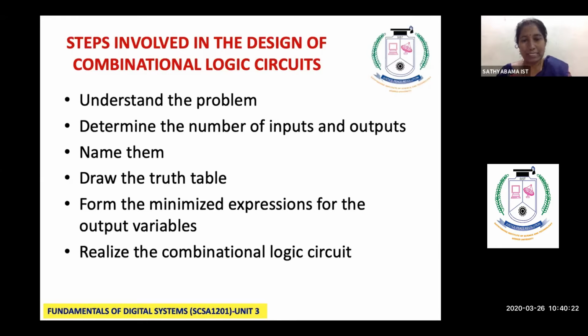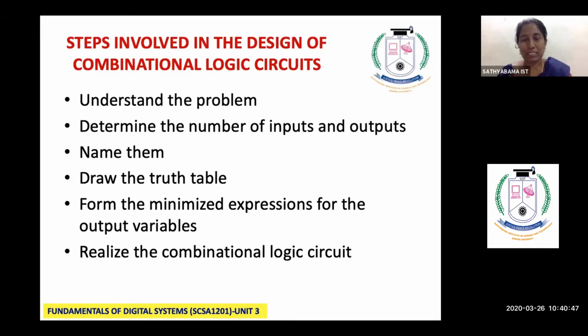Throughout the unit, we are going to follow only this grammar, and the grammar is this. In order to design any combinational logic circuit in this unit, first, we should understand the problem. The problem statement will be in English, so we have to understand it in terms of digital logic circuits.